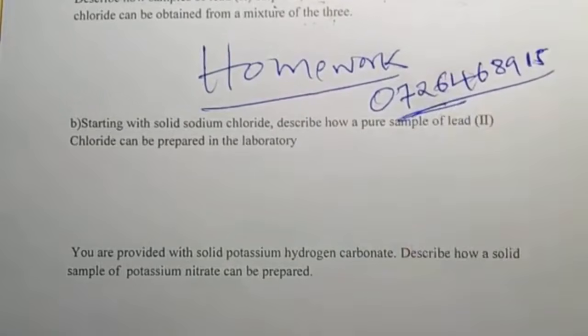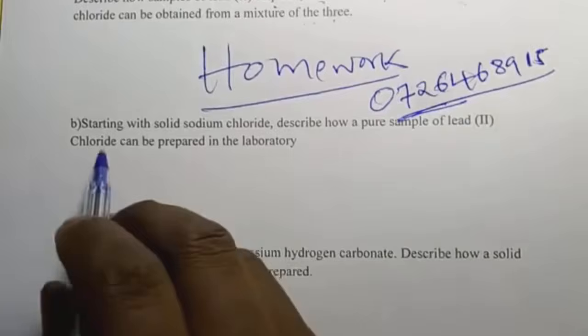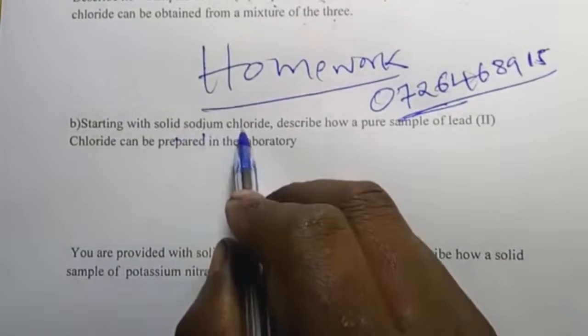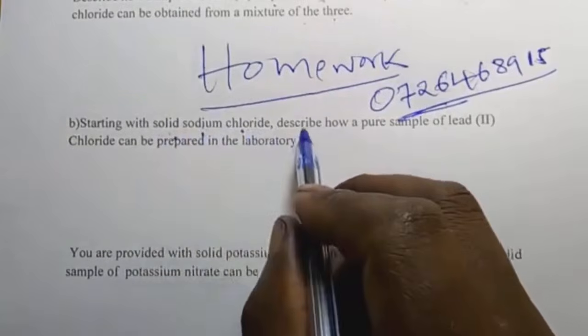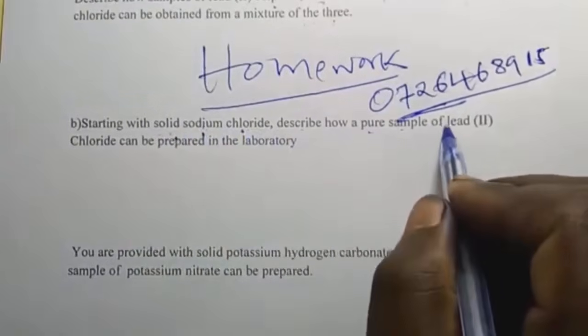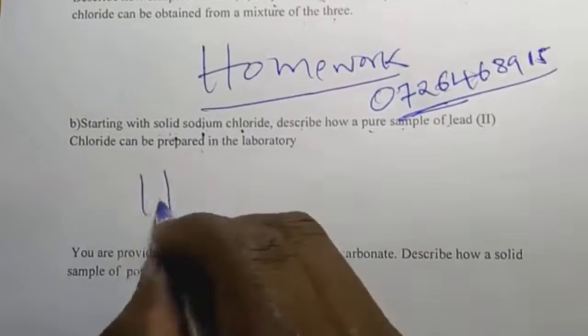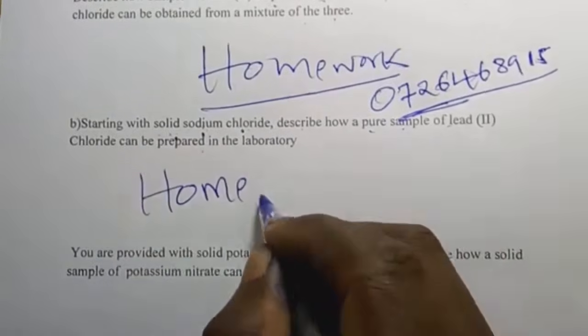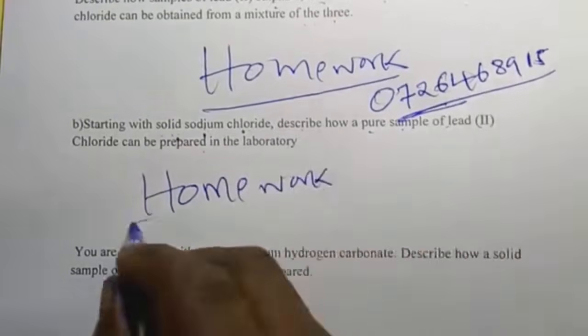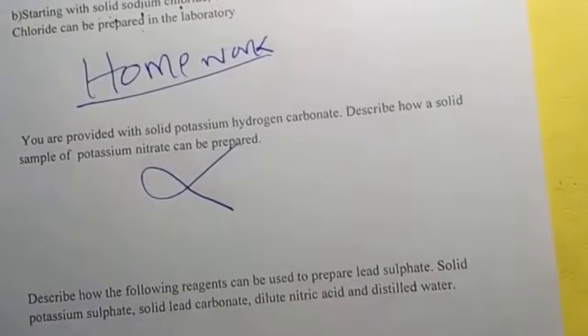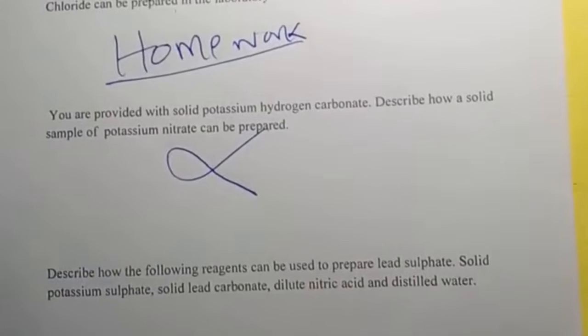I will always respond to your problems without any delay. Starting with solid sodium chloride, describe how a pure sample of lead(II) chloride can be prepared. I want to give this one to you as homework too. This one we have already done. Let me look at the next one.